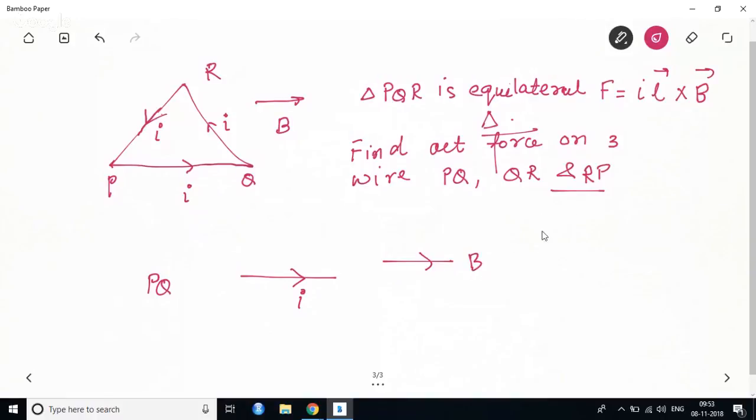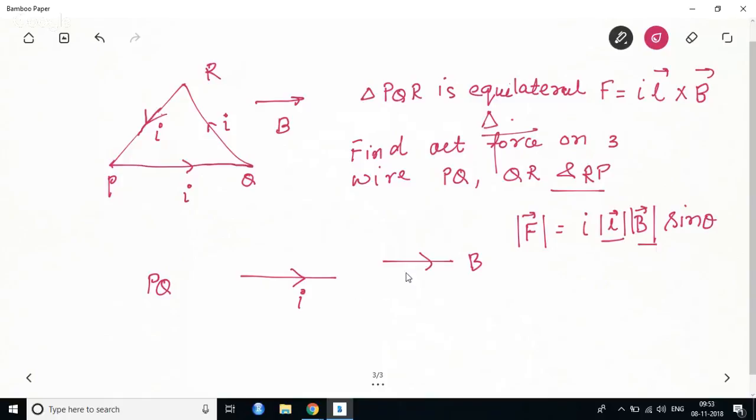When you find out only the magnitude, the force would be equal to I, magnitude of L vector, B vector and sine theta, where theta is the angle between L vector and B vector.